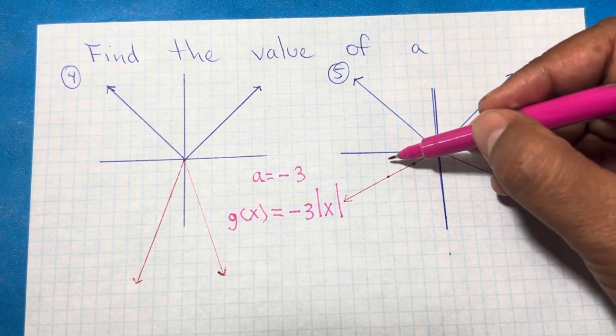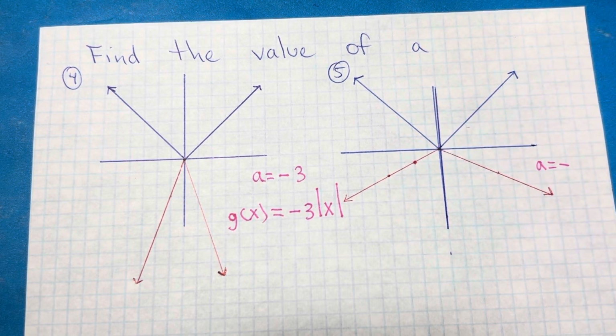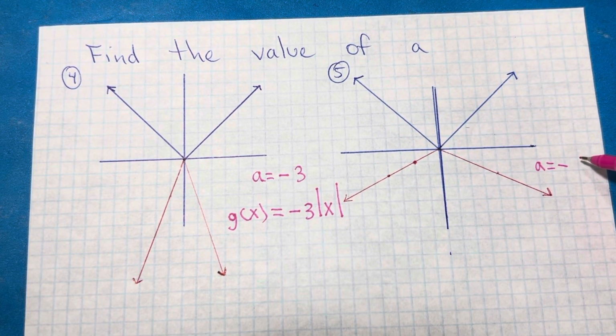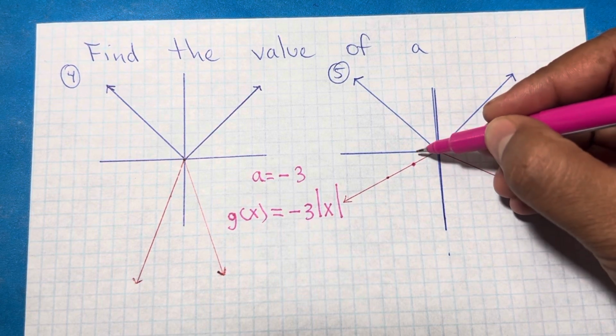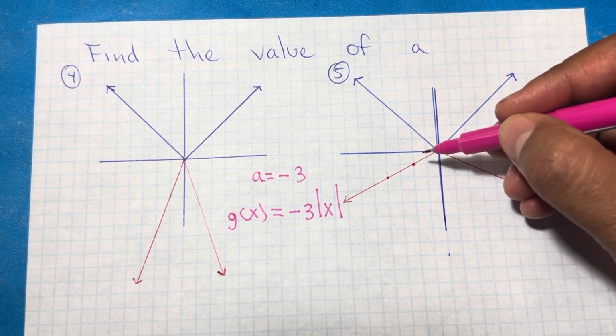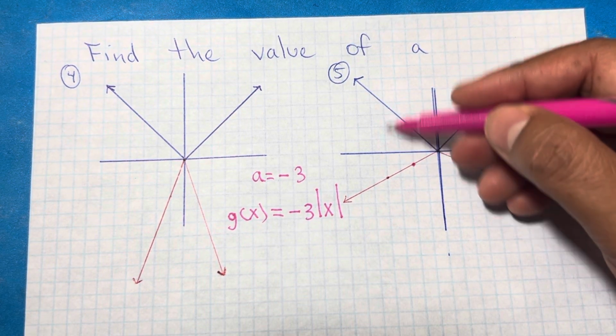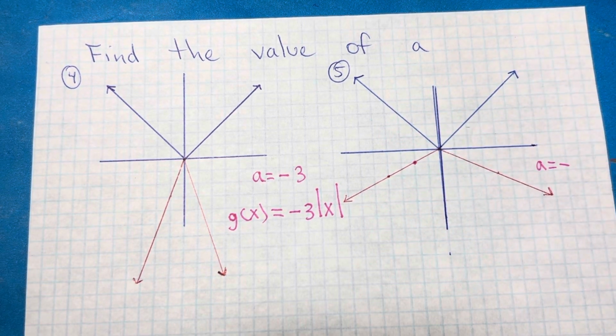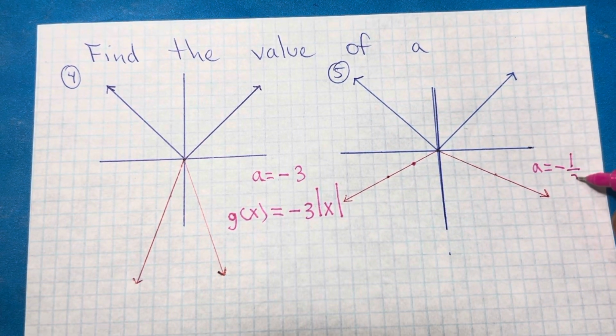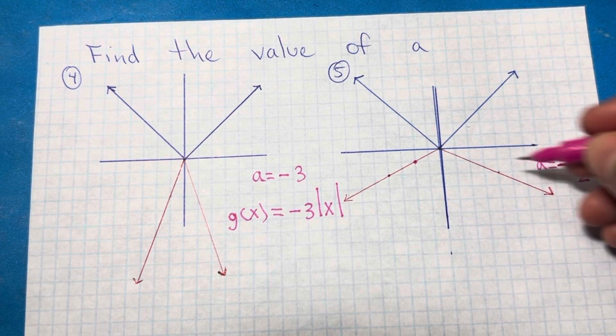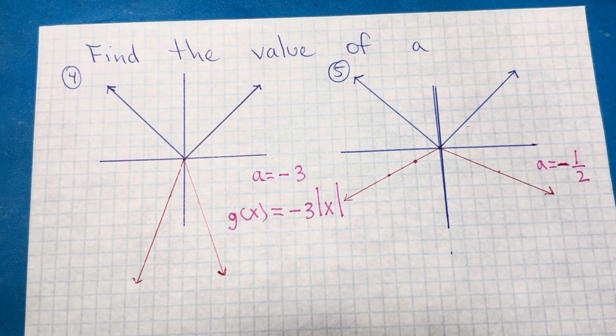It's 4. Here is 2. So that means that you're getting half of what you had before, right? If before you had 2 and now it's 1, that's 1/2. If before you had 4 and now it's 2, then it's 1/2 of what you had before. And negative because it's reflecting on the x-axis.